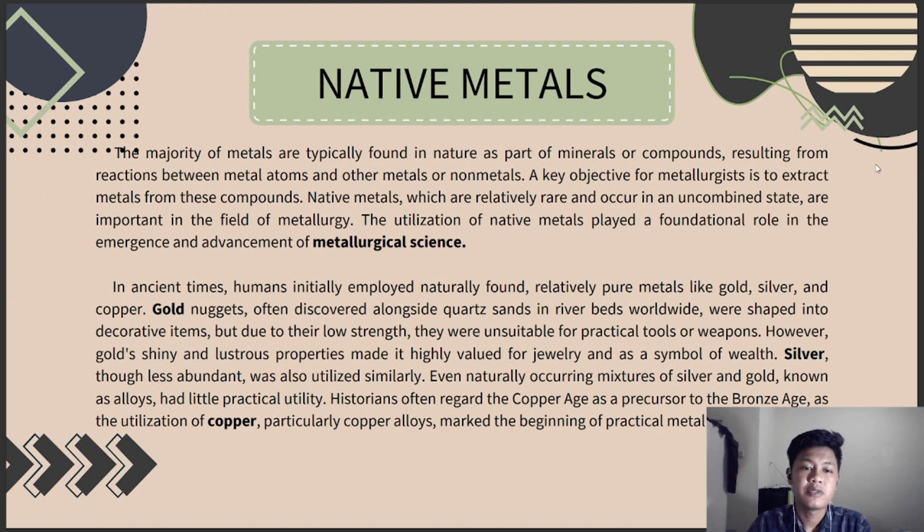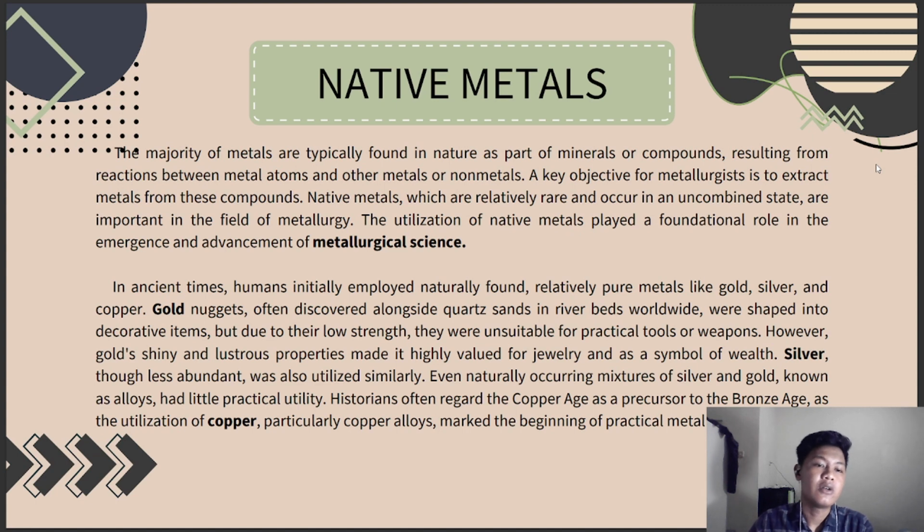In ancient times, humans initially employed naturally found, relatively pure metals like gold, silver, and copper. Gold nuggets, often discovered alongside quartz sands in river beds worldwide, were shaped into decorative items, but due to their low strength, they were unsuitable for practical tools or weapons.